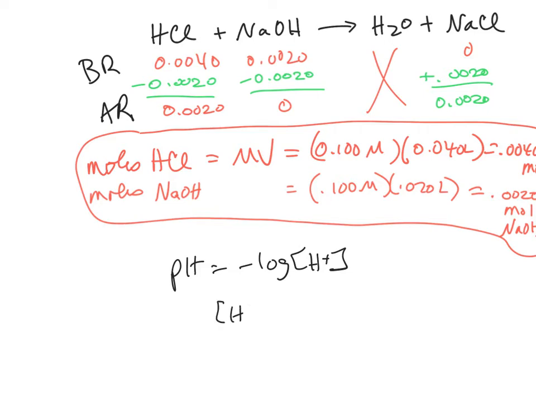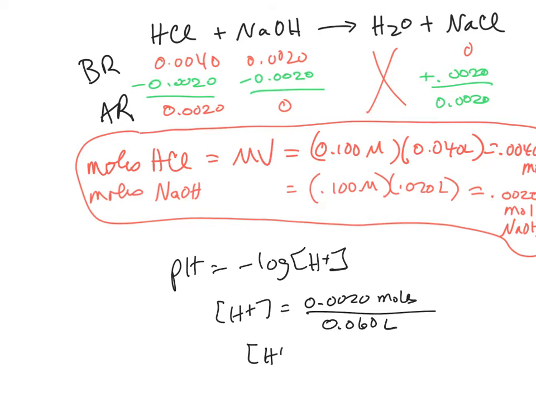The H+ concentration is going to be the 0.0020 moles that were left over after the reaction, and then you want to divide by the volume. You started with 40 milliliters of HCl, and you've added 20 milliliters of sodium hydroxide, so that's 60 mL. So this is 0.060 liters.